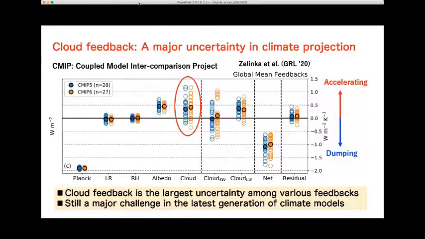And the cloud actually represents the largest uncertainty among various feedback mechanisms. And that's still a major challenge even in the latest generation of climate models. So that's why we need to study clouds in more detail.